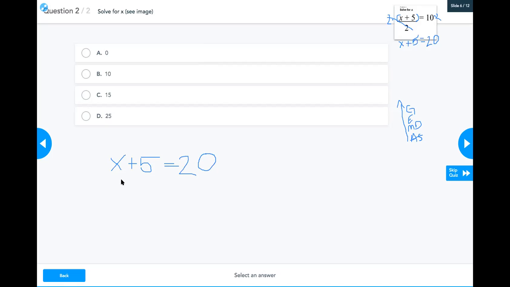Okay. So it says x plus 5 equals 20. What do I need to do? Minus 5 on both sides. Okay. And then 20 minus 5 is? 15.